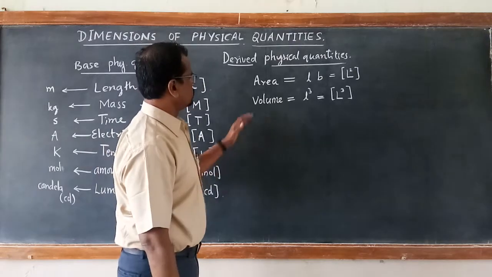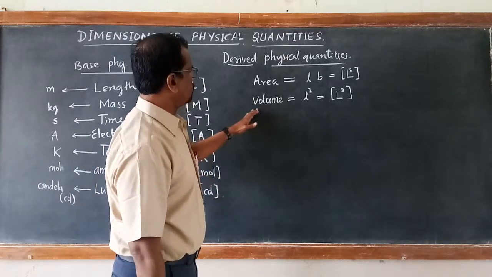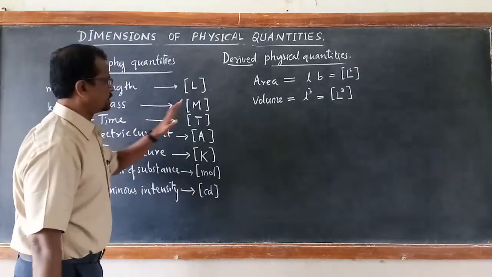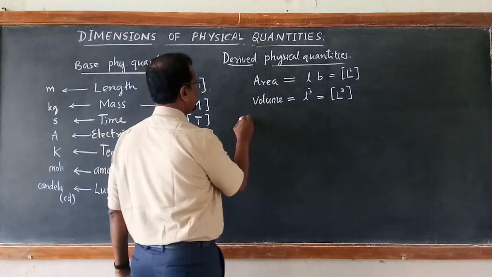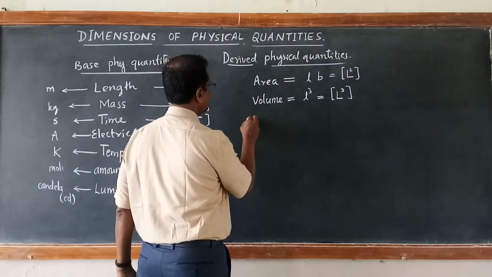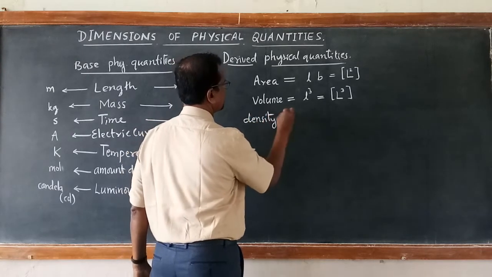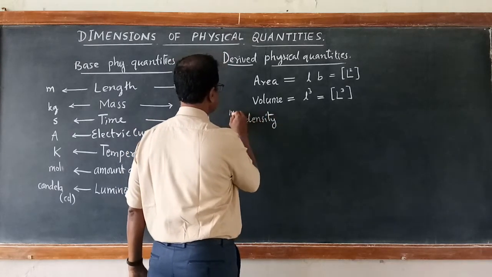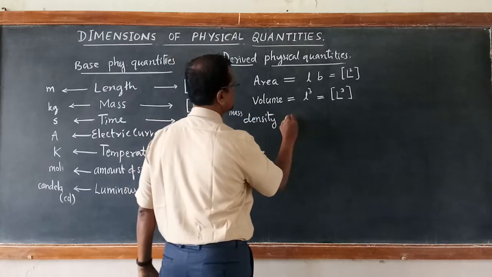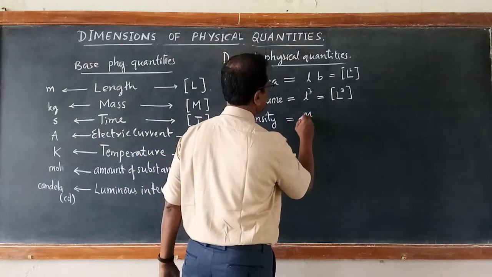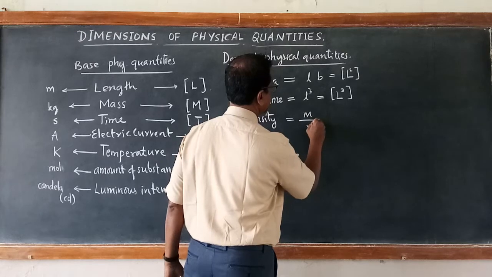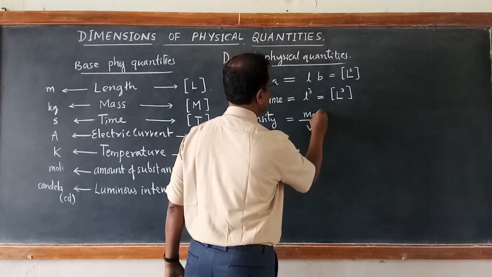Next, using this volume and mass, we can obtain the dimension of mass density. Mass density dimension is obtained from the dimension of mass and the dimension of volume.